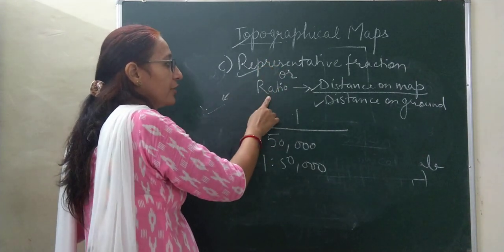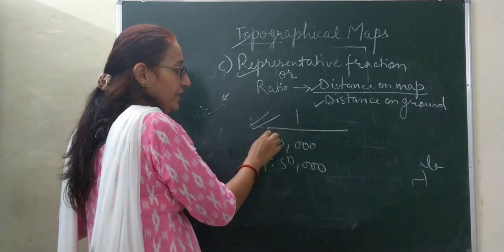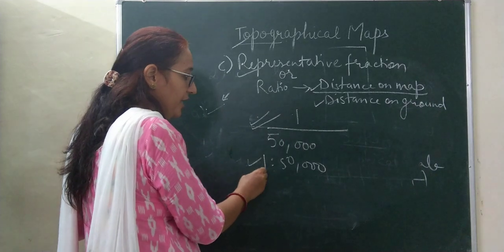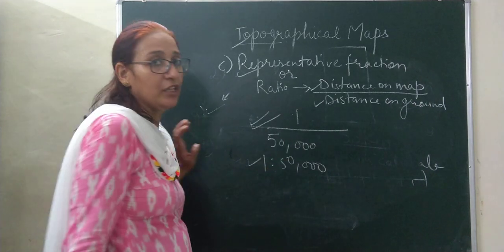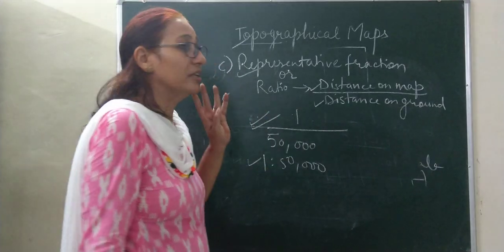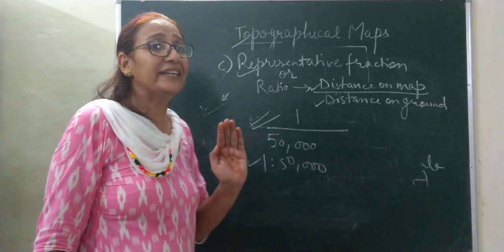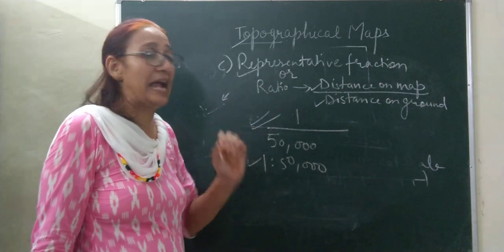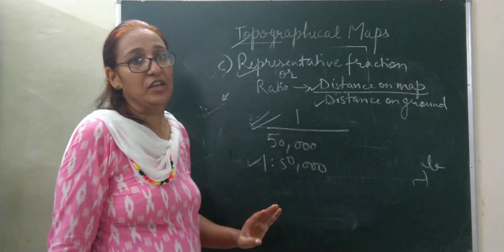It is also called ratio. Either we can write it as 1/50,000, or we write it as 1:50,000. So these are the three types of scale: statement scale, linear scale, and representative fraction.